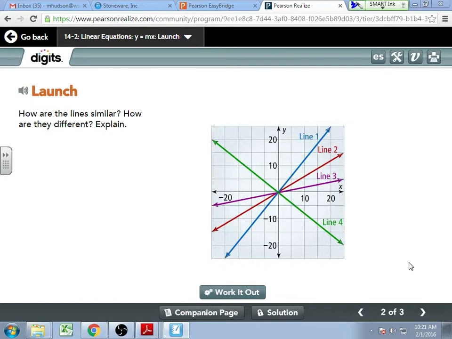What's the main difference that we see here mathematically? Not just the colors. They pass through different quadrants because they all have unique slope. The steepness of something.